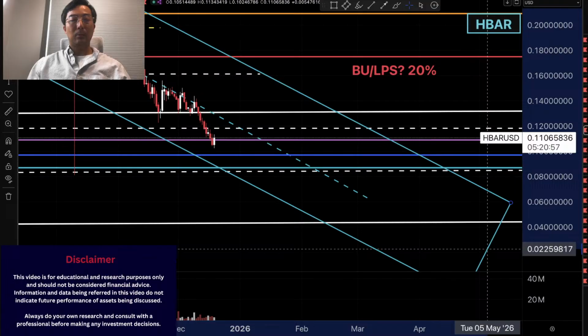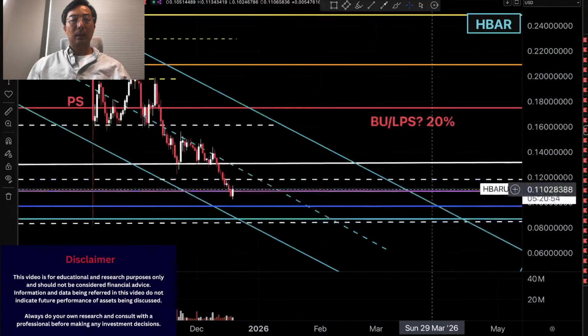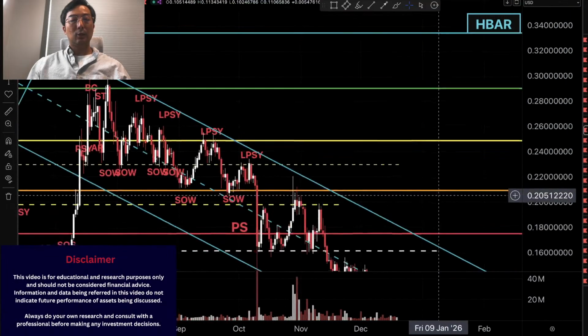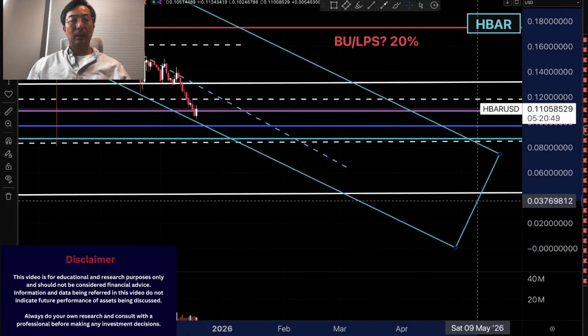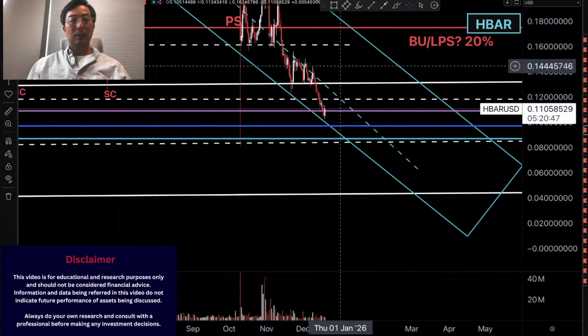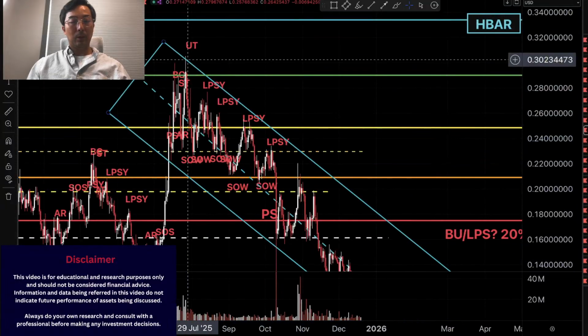I'm extending this box so we can see the indicative date, assuming it's going through this less steep downtrend from this point since late July.